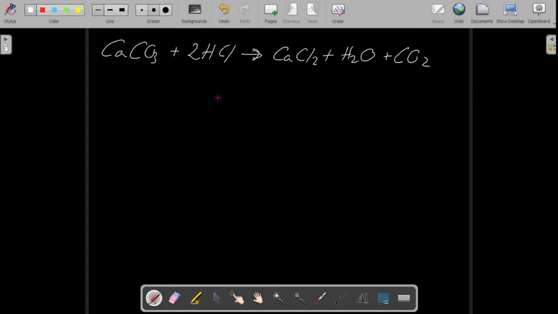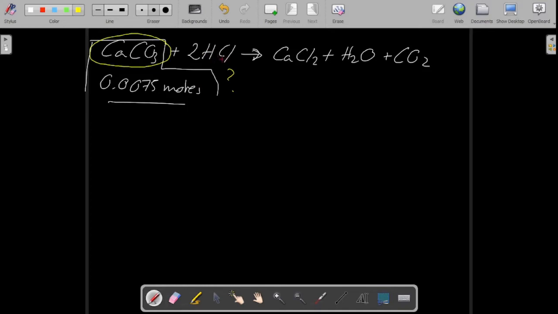The first question says, how much hydrochloric acid can 0.075 moles of this calcium carbonate neutralize. Okay, so they want to know how much of these will be reacting with 0.075 moles. That's the question. So we need to relate those two reactants.